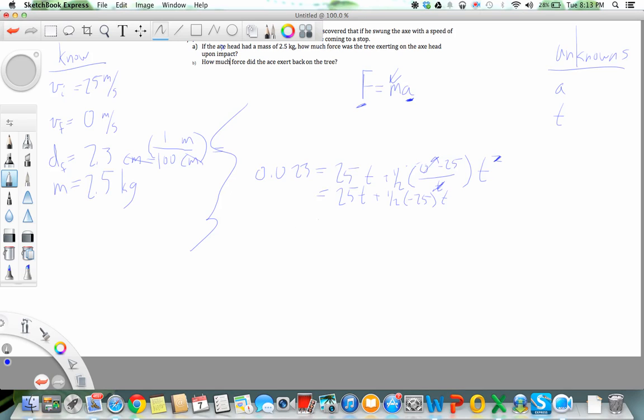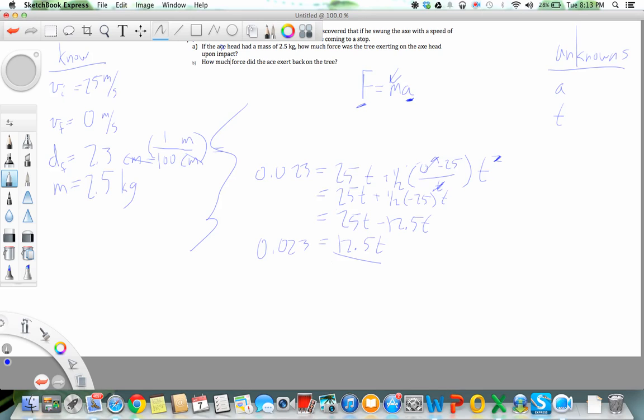Let's continue to solve. You guys know, I don't usually carry a calculator with me, but I've got 25 minus half of 25. Half of 25 is 12.5, so I got 25t minus 12.5t, which of course is going to equal 12.5t.